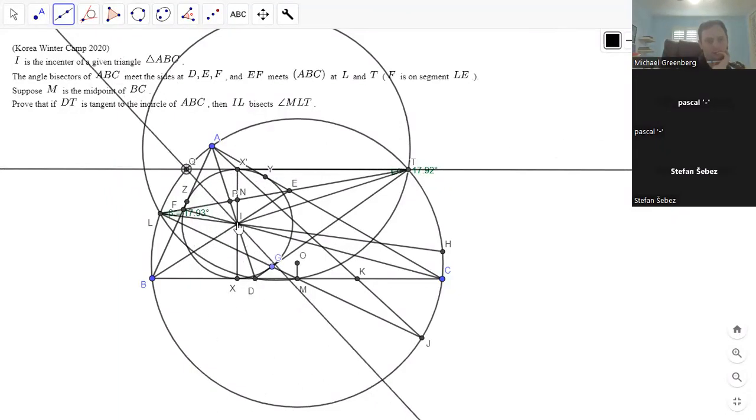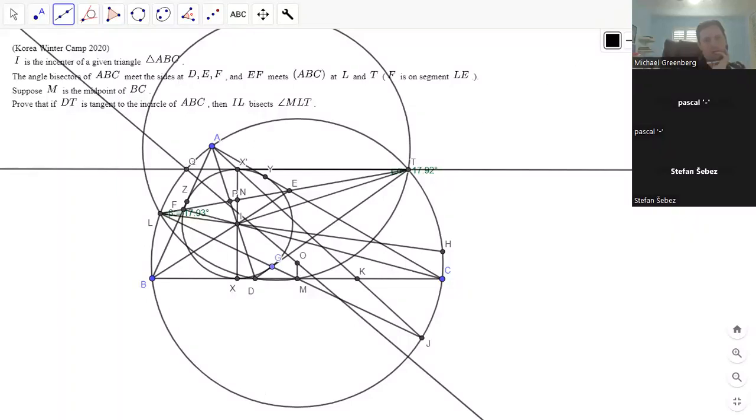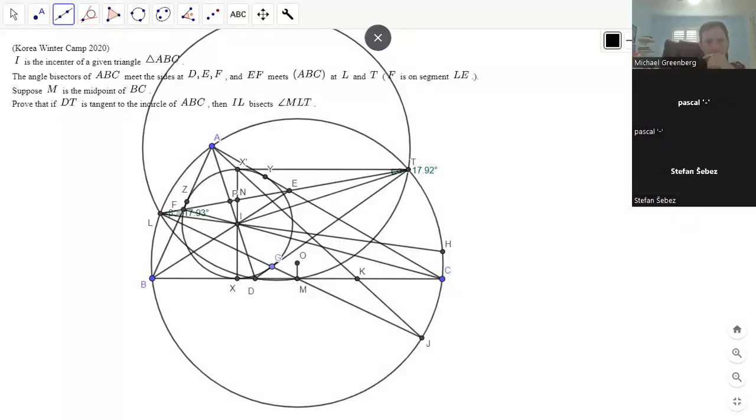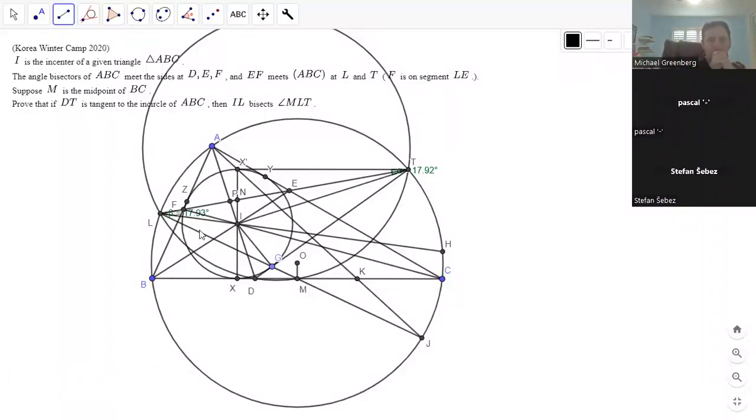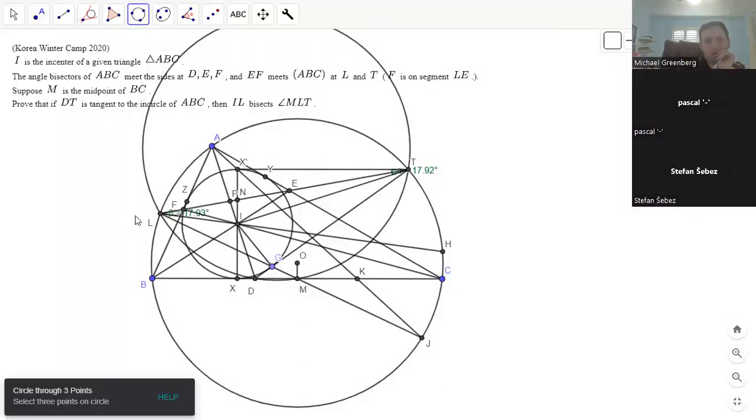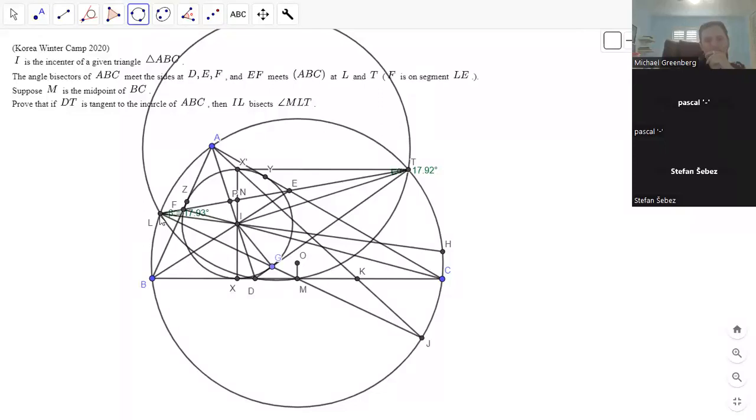Where if this point. I guess another way to say it is that the circumcircles of LIG and TIG are the same size. Is that right? Doesn't look.